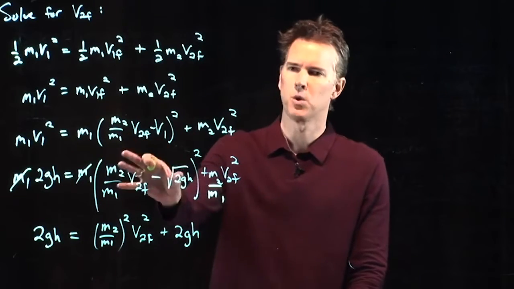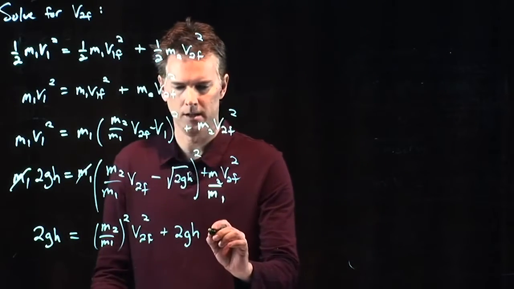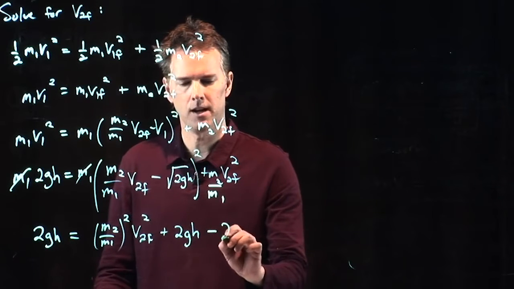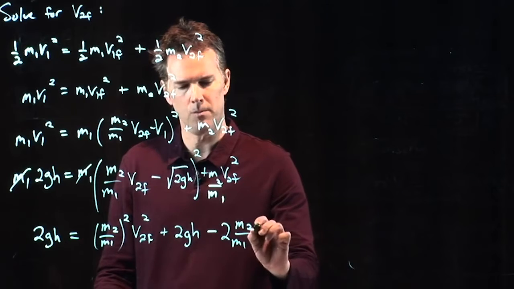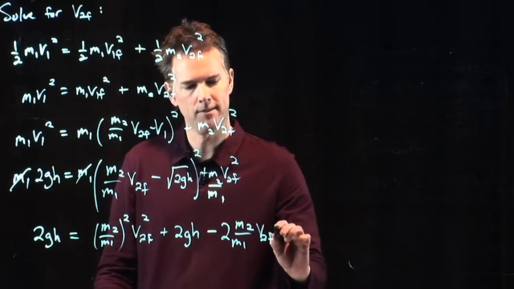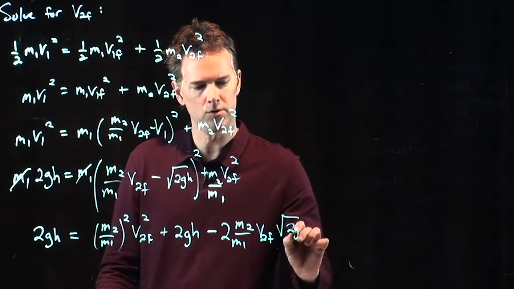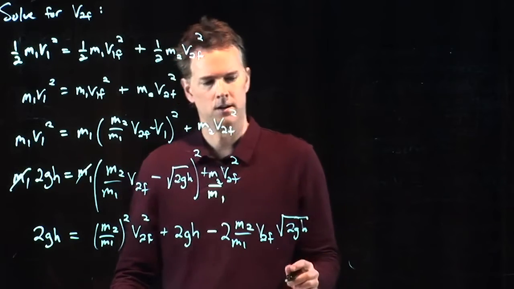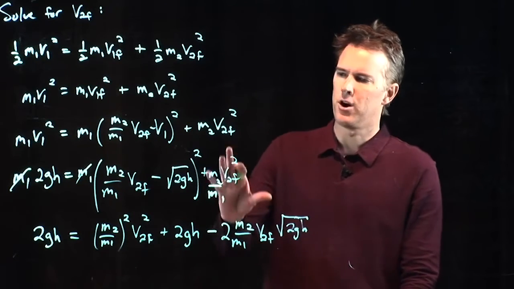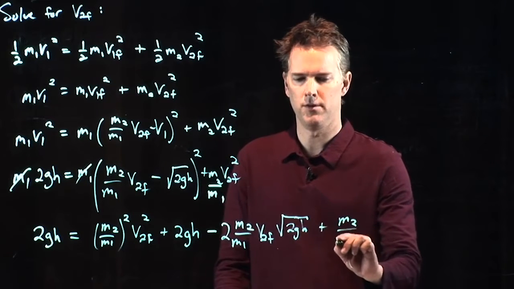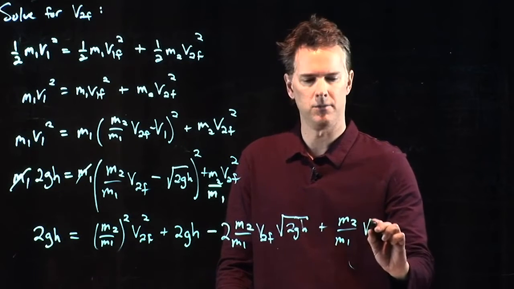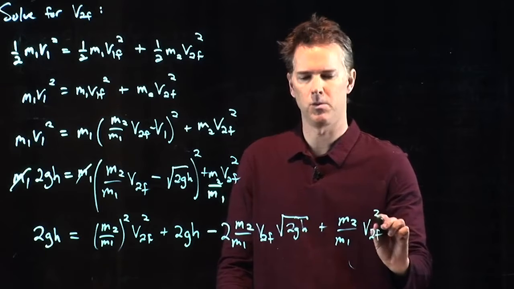And then we have twice the cross product, and that's going to have a minus sign. And so we get minus 2 m2 over m1 v2f square root 2gh. And then we have our last term here, m2 over m1 times v2f squared.